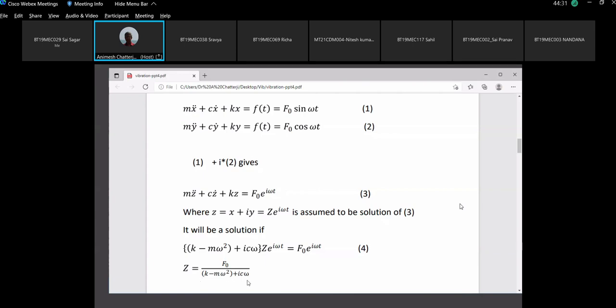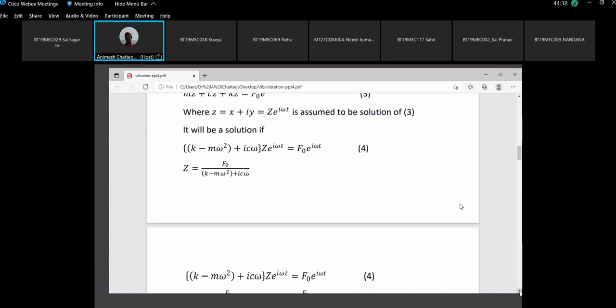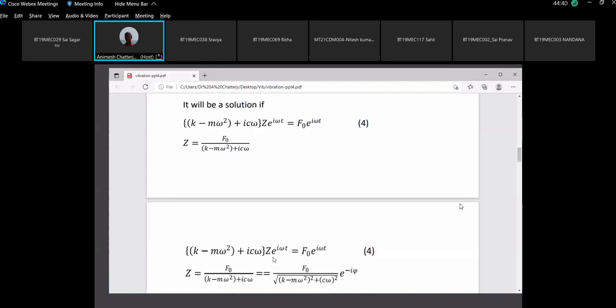Because this is in the denominator. So this is a complex number. Every complex number can be written as its magnitude into e to the power i theta. Here e to the power i theta is coming out to be negative because the complex number was in the denominator.